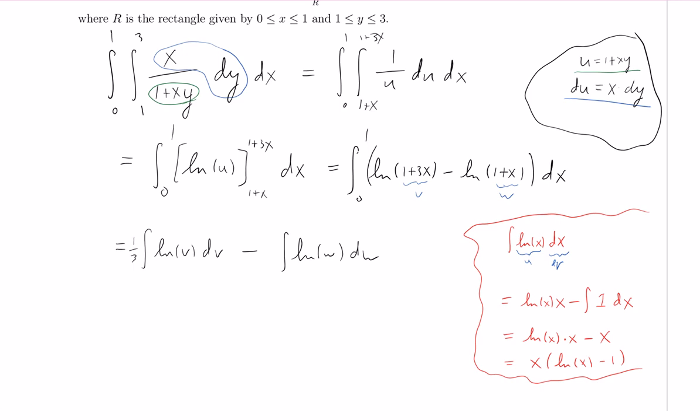But the bounds have to change, of course. When x equals 0, v equals 1, and when x equals 1, v equals 4. Now when x equals 0, w equals 1, and when x equals 1, w equals 2.